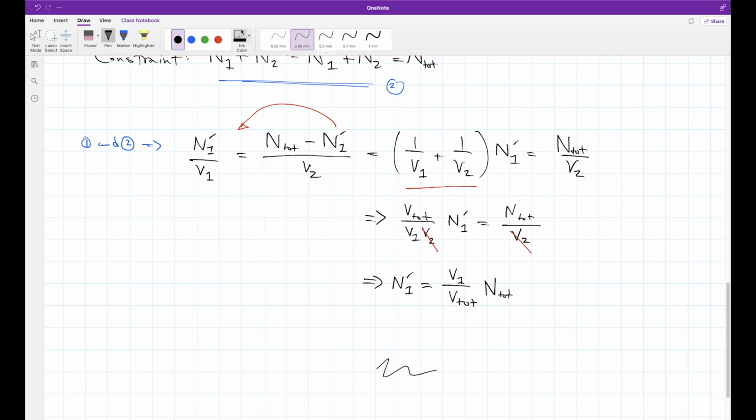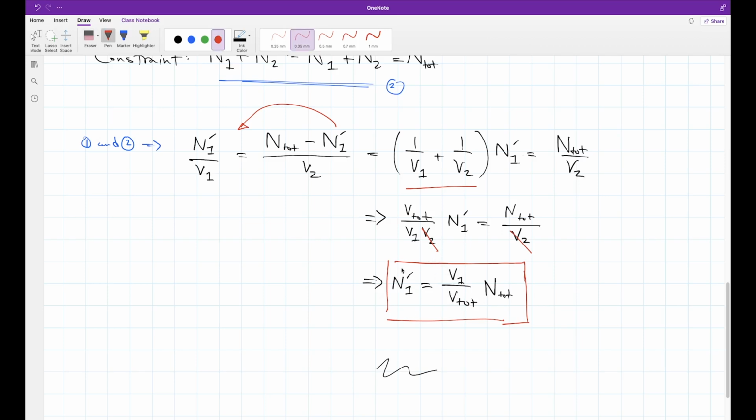And this equation is our final answer and should seem pretty familiar from some of the other examples that we've done. So the box on the left, box 1, receives particles after the join in proportion to its volume. Since the temperatures and therefore the energies are equal, the only things that differ between the two boxes are the particle number and the volume.